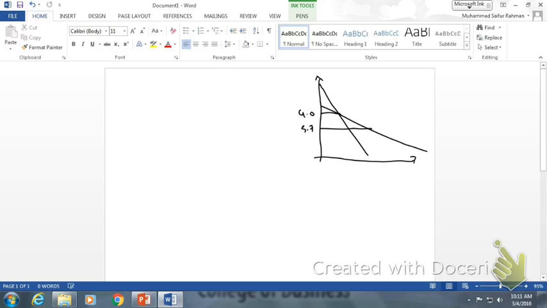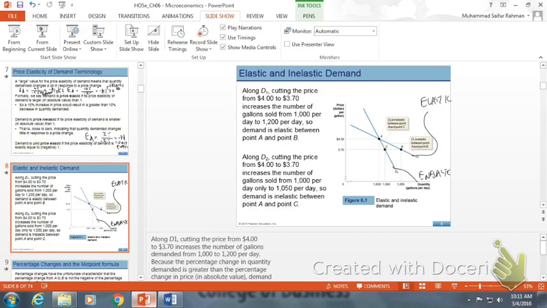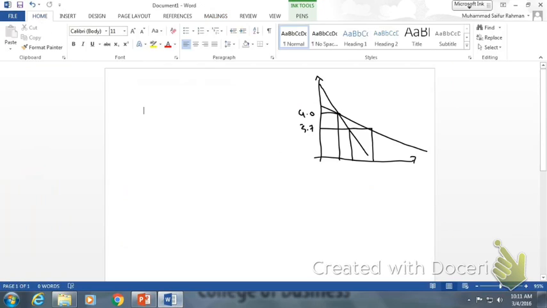You had 2 different quantities demanded. So the original quantity demanded was 1,000, 1,050, and 1,200, 1,000, 1,050, and 2,000. So A, B, C, A, B, C. This is D1. This is D2.